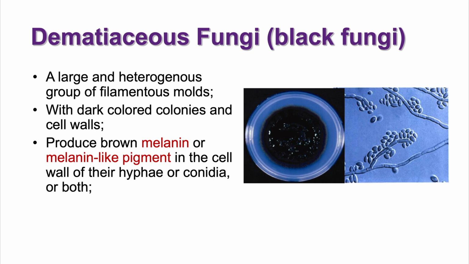Why? Because they produce brown melanin or melanin-like pigment in the cell wall of the hyphae or conidia or both. So, like the picture shows, it's very dark, even black.